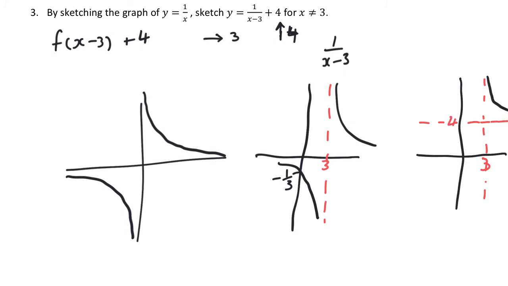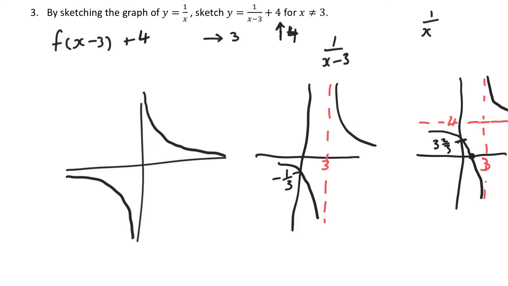So the positive part of the graph is going to be moved up to the right, and the negative part we're going to have here, where this is being moved up by 4 units, so that's 3 and 2/3. And we could work out the x-intercept by letting the equation equal 0.